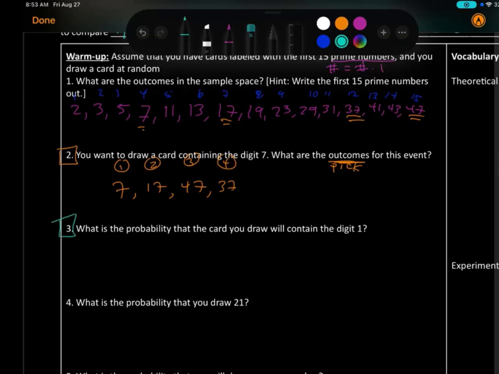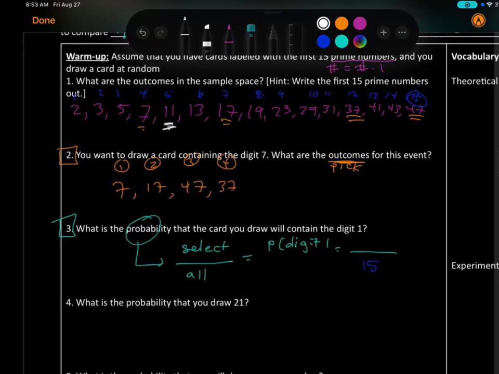Question number 3. What is the probability that the card you draw will contain the digit 1? Okay, remember probability is the select that you want divided by all. So here we want the probability of the digit 1 out of all of them. How many numbers do we have there? 15 numbers from up here. And then which ones have the digit 1 in it?